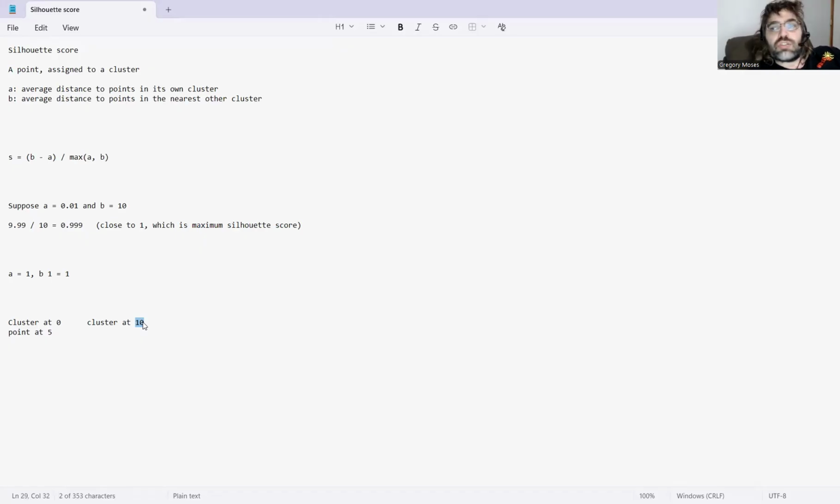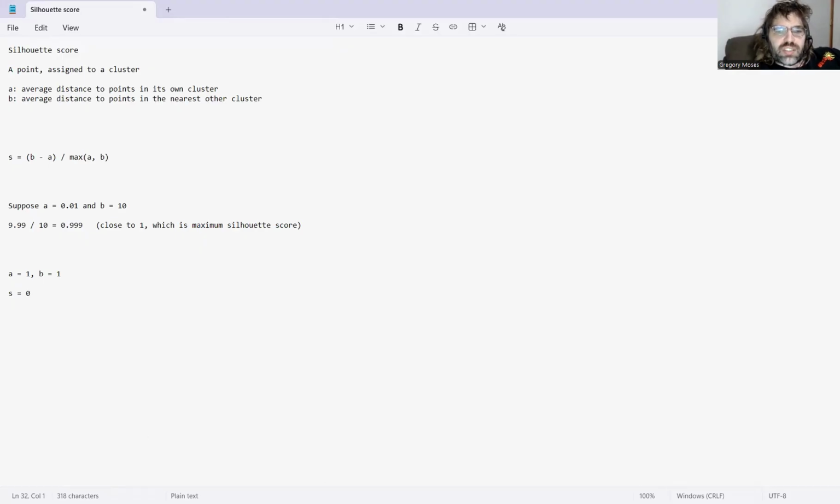So which cluster it goes into seems completely arbitrary. So the silhouette score here is 0.